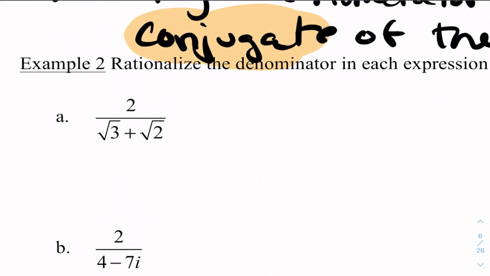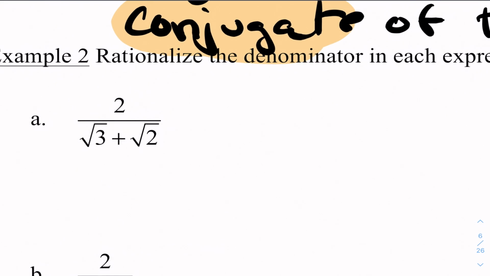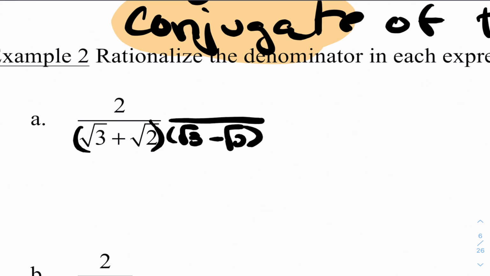So for instance, if we are given an irrational denominator, this problem says the square root of 3 plus the square root of 2 is in the denominator. In order to rationalize, we multiply the denominator and the numerator, which in essence is multiplying by 1, by root 3 minus root 2. And whatever we do to the bottom, we're going to do to the top.